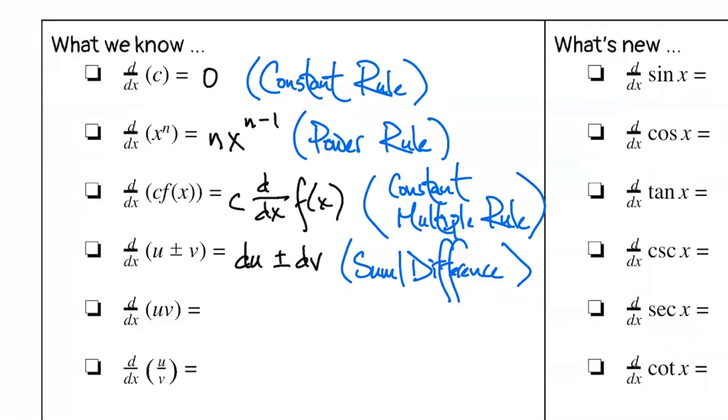Now that is not true for the last 2 rules that we have here, right? We cannot just split these last 2 apart. But what do we need to do if we see d dx of u times v?